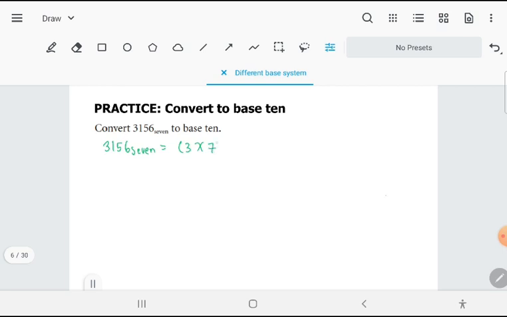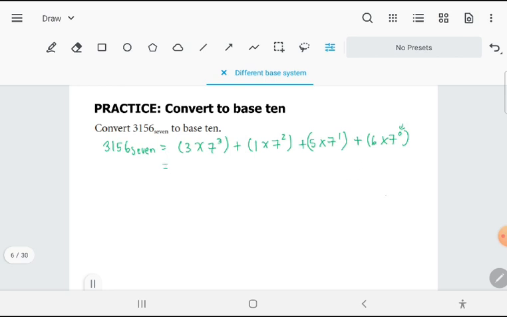So that's 7 raised to 4 minus 1, 3. Plus 1 times 7 raised to the power of 2. Plus 5 times 7 raised to the power of 1. And then finally 6 times 7 raised to the power of 0. You have to subtract 1 from the powers, because remember, you have to start with 0 here.